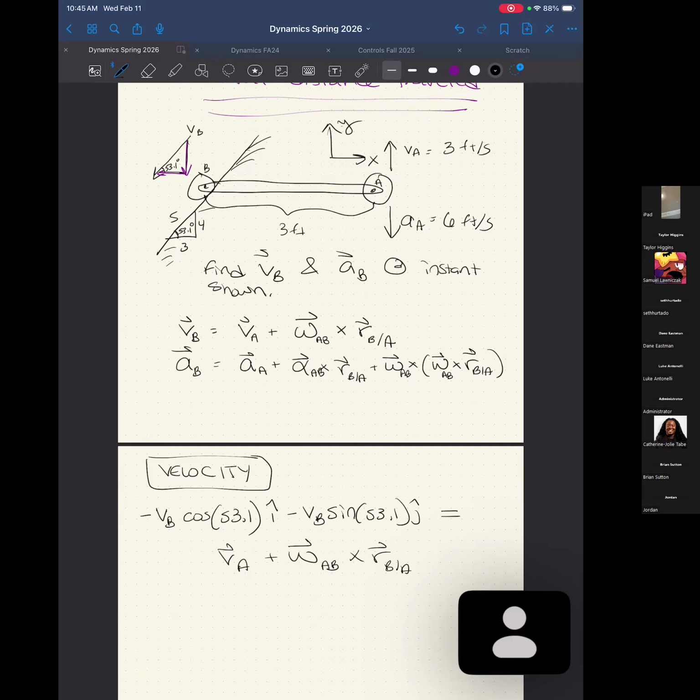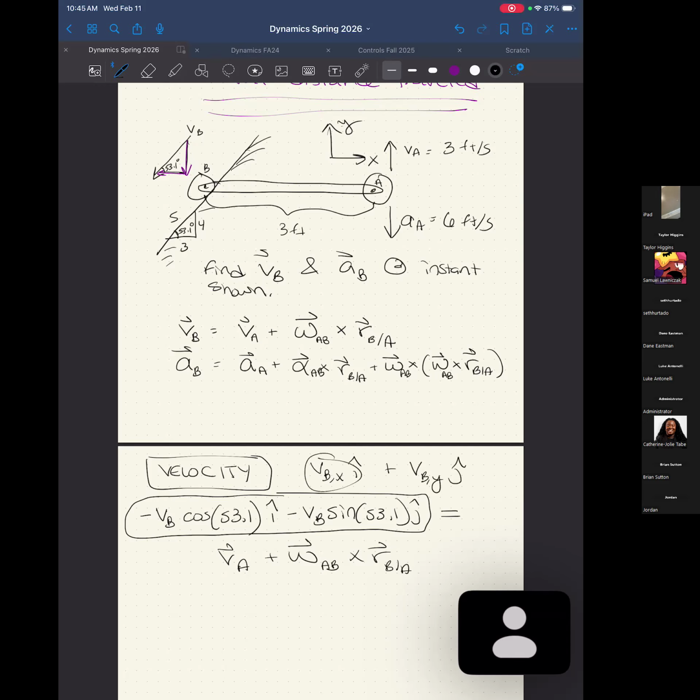Does that make sense? So why is it necessary that we do this? Well, when I write it in this way, I'm only left with one unknown, just that magnitude V_B. Whereas if I had not done this, the only way I could have written V_B is some V_Bx in the i hat direction plus some V_By in the j hat direction, and those would be two unknowns.